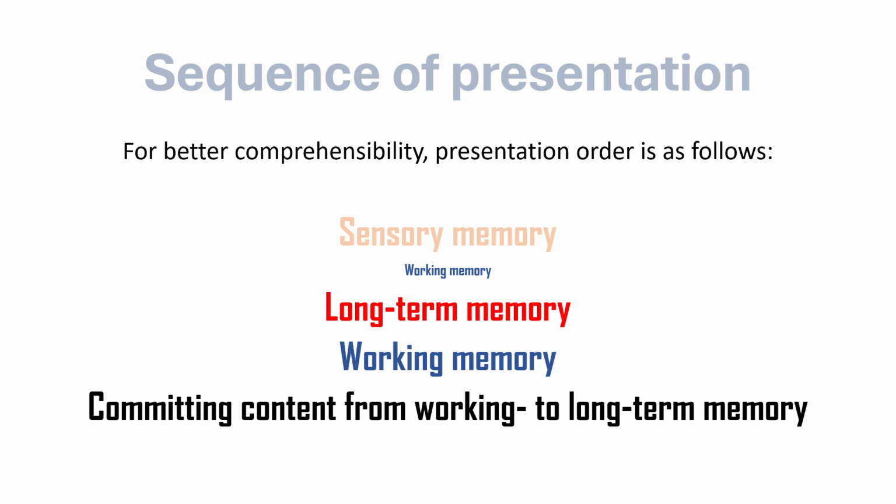So this is the sequence of my presentation today. First, I'm going to talk about sensory memory a little bit, not too much, but to draw a map of the issues showing where we are situated as we consider committal from working to long-term memory. So sensory memory first, then in passing very quickly working memory for a moment, and then long-term memory, and subsequently working memory revisited more extensively.